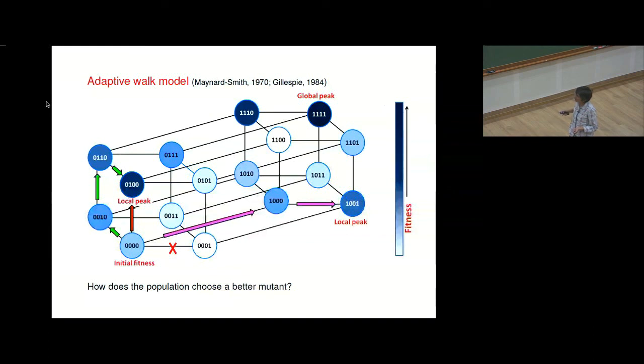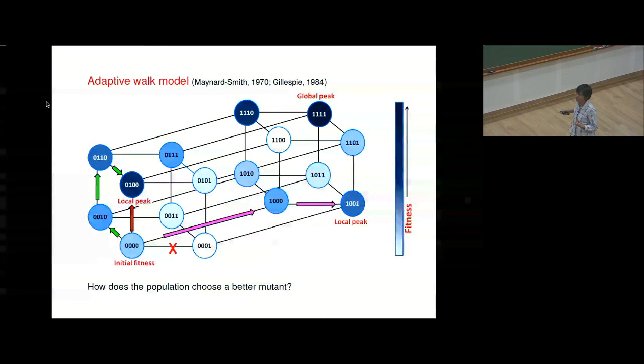It looks only at the nearest neighbors and sees, aha, this has a lower fitness. I'm not going to go there. It doesn't go there. And then it looks at these 3 guys. All 3 are better. It decides, how it decides, we'll talk about that, to go to, let's say, this guy, 0010.